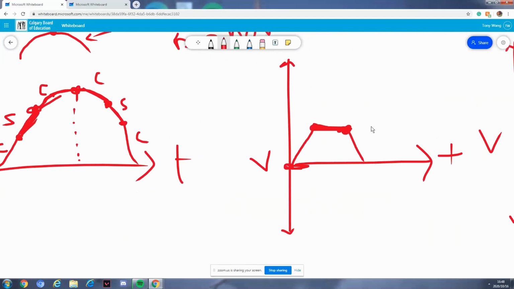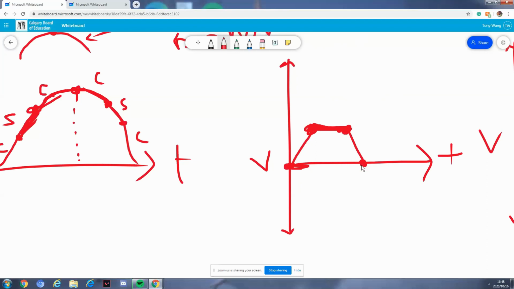So it will be a line. What kind of line? A straight line with a slanted line, slanted, going down.